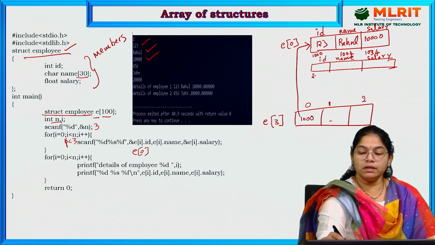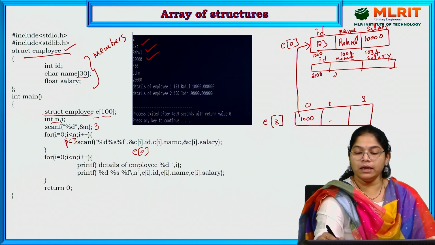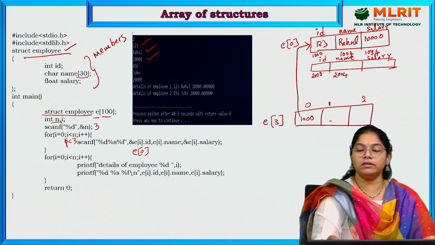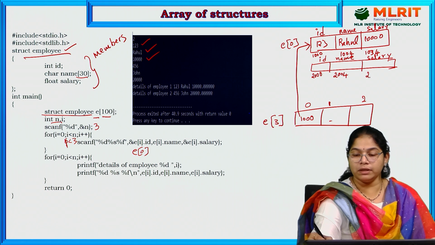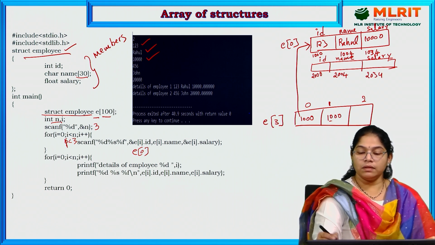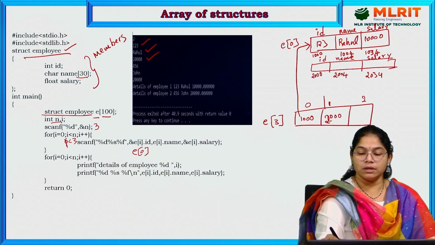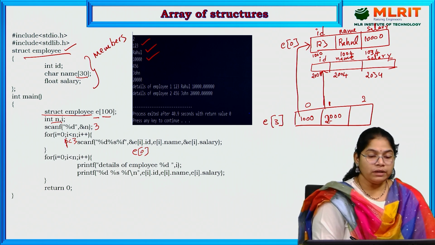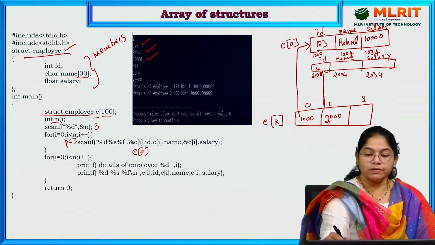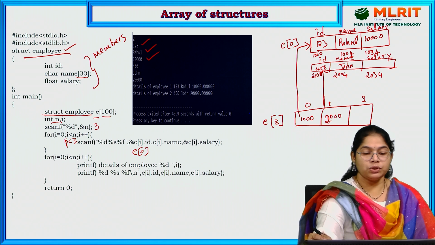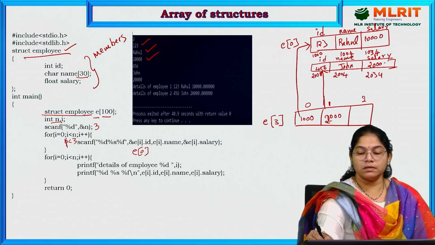Suppose here the base address is 2000, int occupies 4 bytes, the next would be 2004. Here for the name I have given 30 characters, so 30 bytes of memory. Here we are storing the base address, that means it is pointing to here. So here I am storing the values 4, 5, 6. Then the name given here is John and then the salary.